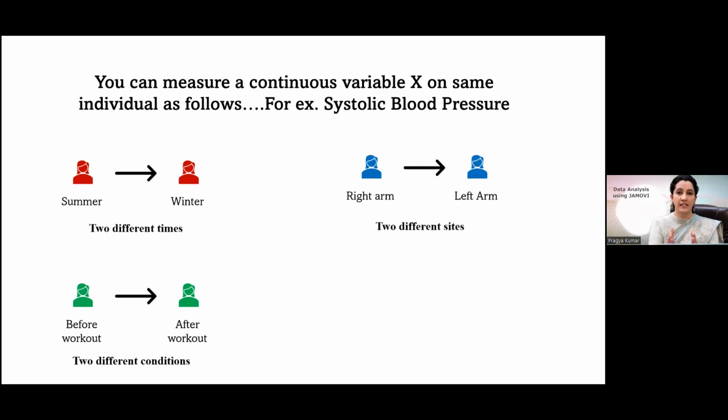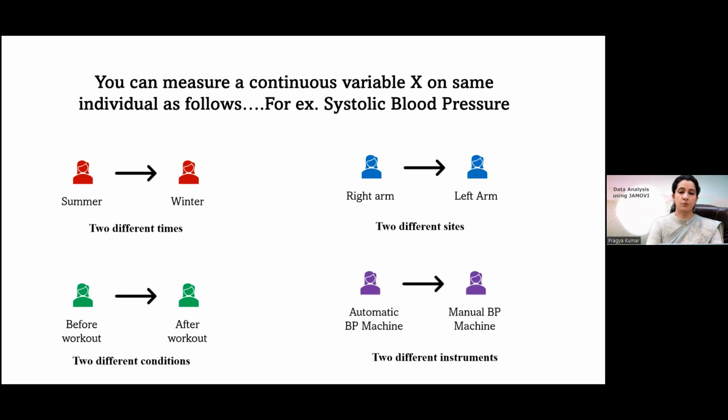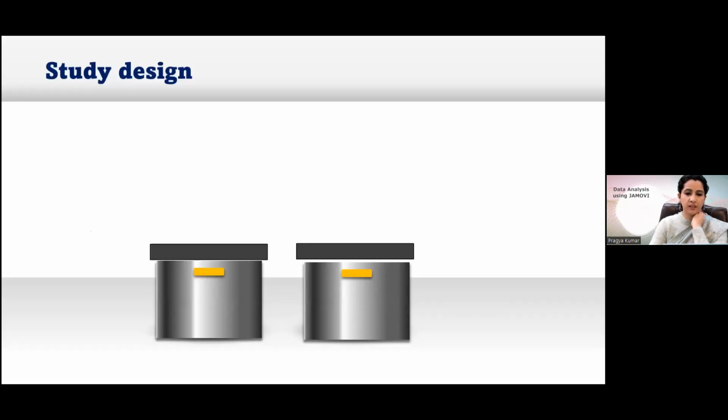Or in the same individual, I am measuring the blood pressure in 2 arms, like right arm and left arm, at 2 different sites, or through 2 different instruments, like automatic BP machine or manual BP machine. And I want to see the value. So for this, the appropriate statistical test will be the paired t-test. And these values are known as the paired values.